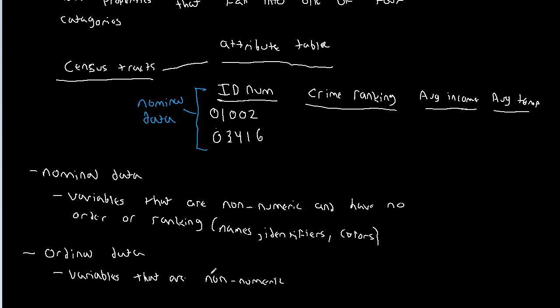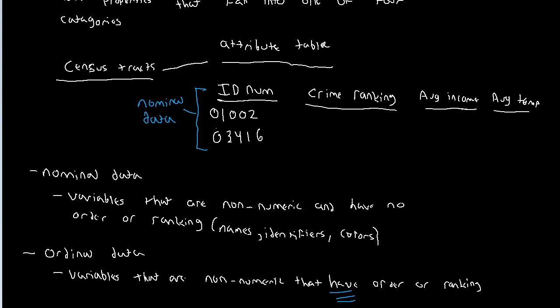Again, even if they are represented by numbers, they don't mean numbers, so you cannot add, subtract, multiply, or divide, right? But here's the difference. They have, or I should say that, have order or ranking. And I'm going to underline the word have here. They have order or ranking.